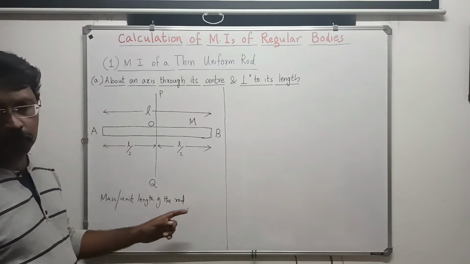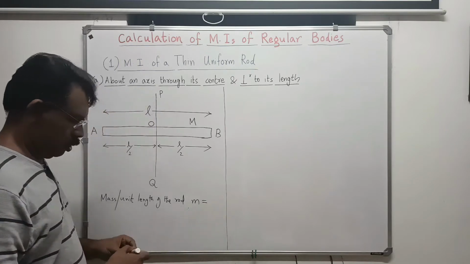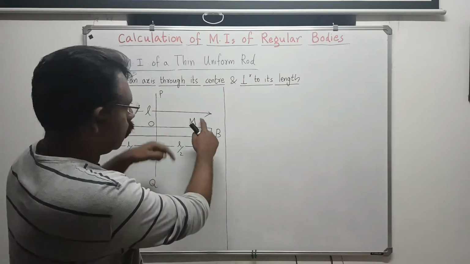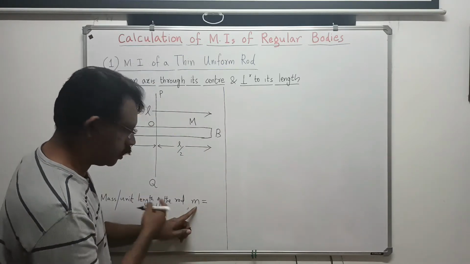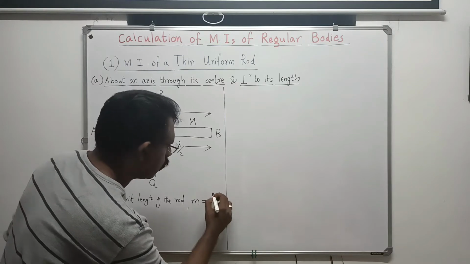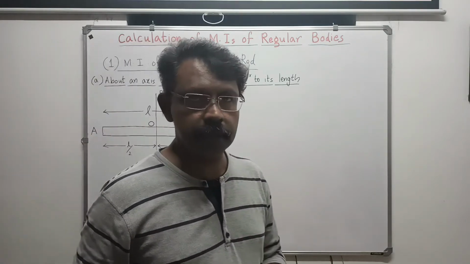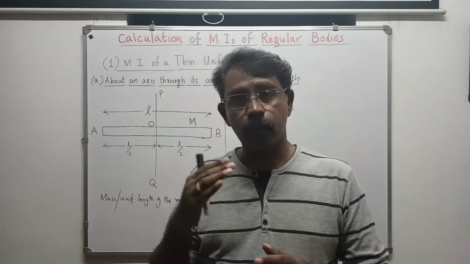We take that to be small m. The total mass is capital M and the total length is L, so I can write this m, the mass per unit length, as capital M divided by L. This is for a uniform bar, which is why we have taken mass per unit length.